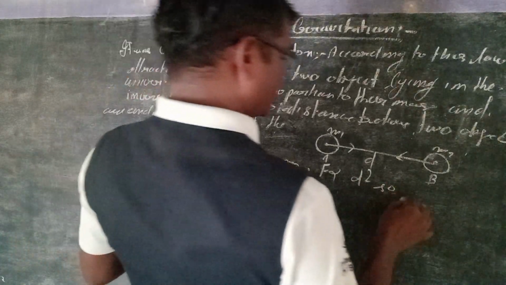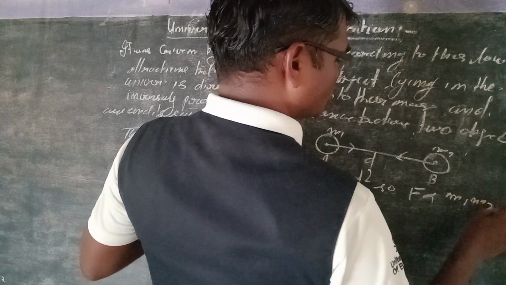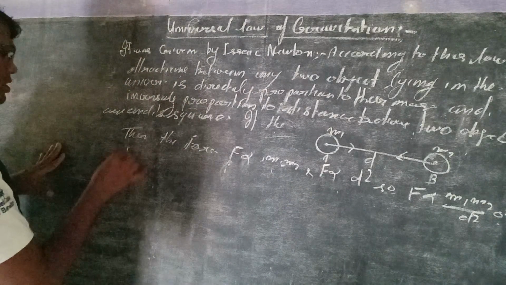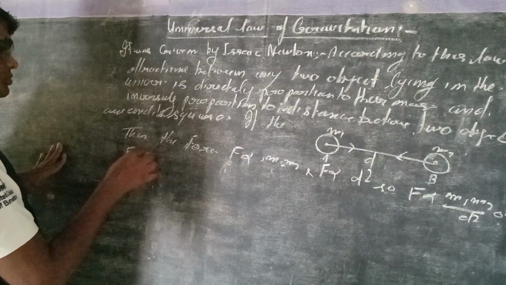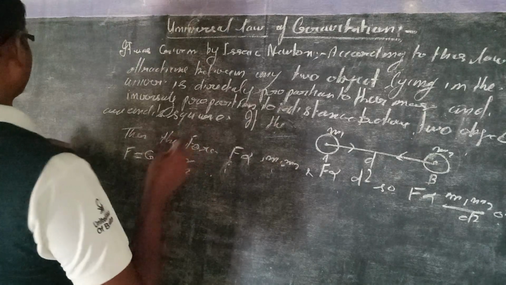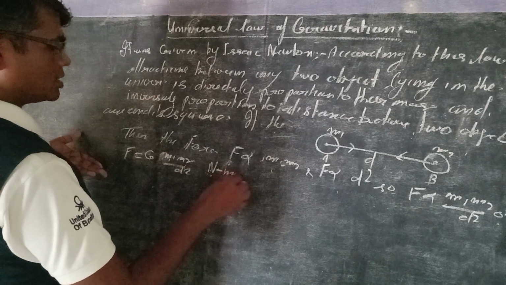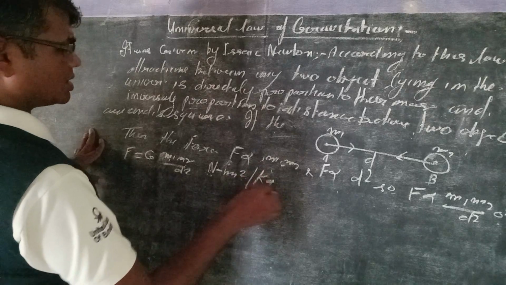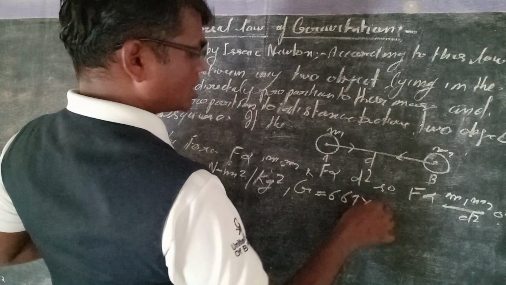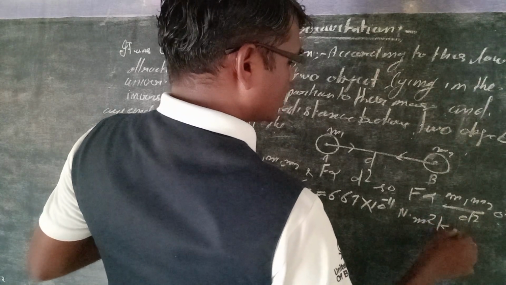So F is proportional to M1 M2 by D square, or F is equal to G M1 M2 by D squared. The unit of G is Newton meter square per kg square. G is equal to 6.67 into 10 to the power minus 11 Newton meter square per kg square.